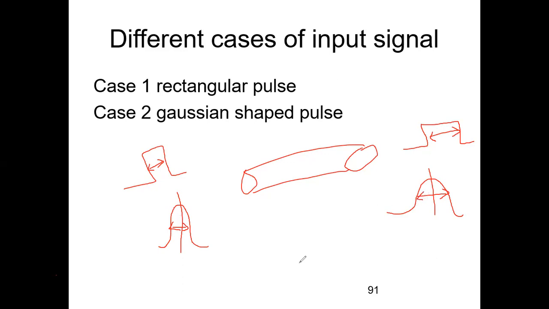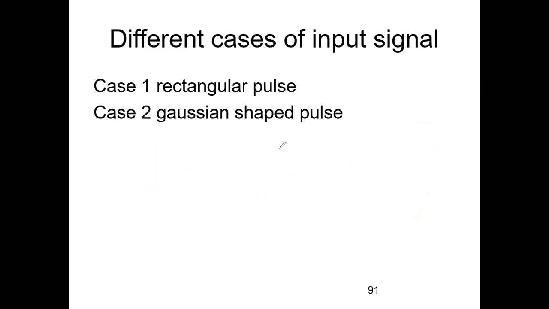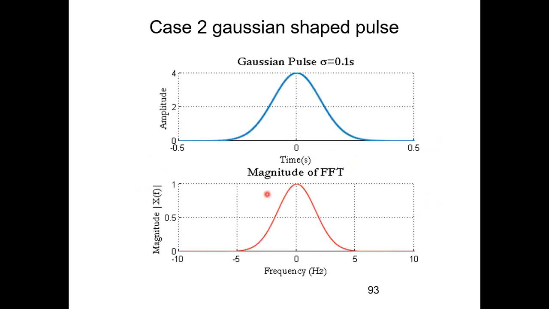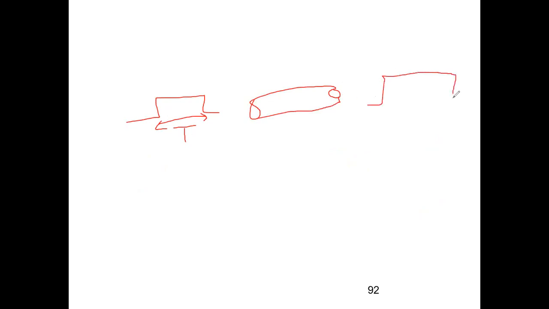First case I am taking is the rectangular pulse, for your understanding. I'll just draw the rectangular pulse. Suppose this is my input pulse width, which is T, and it has gone through the optical fiber, and at the output, suppose I have the pulse width now as 2T.